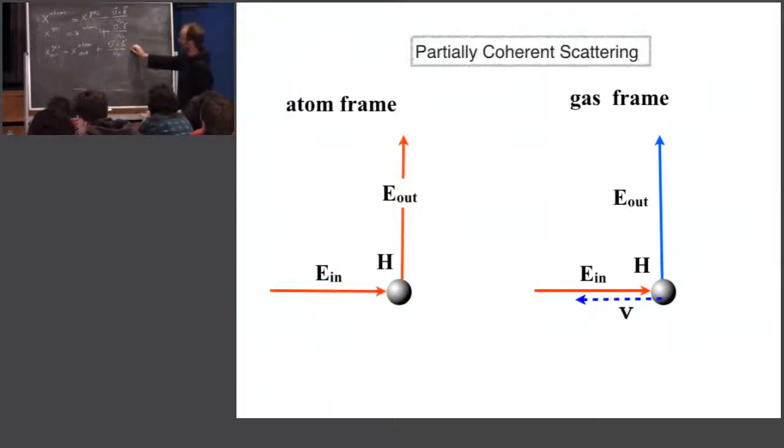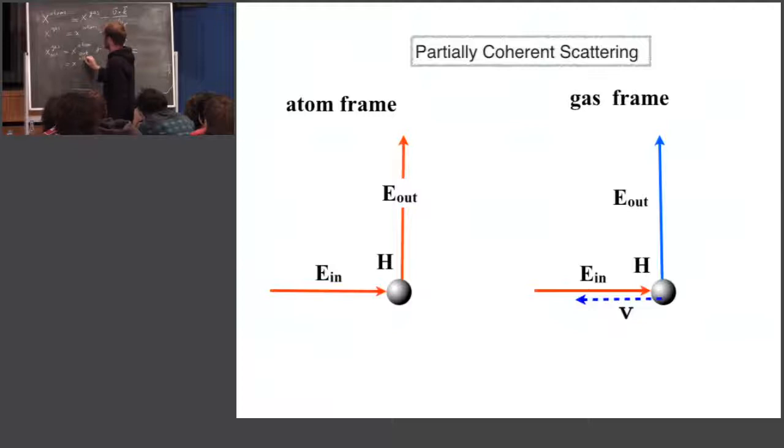But we know from partially coherent scattering that this equals the frequency in the atom frame before scattering. So x atom out, we can replace that with x atom in, plus v dot k over the thermal velocity.